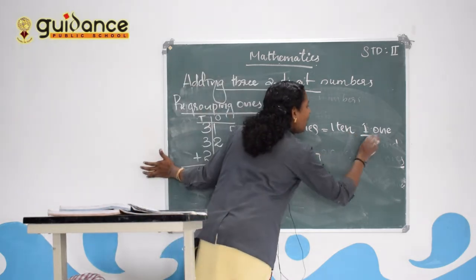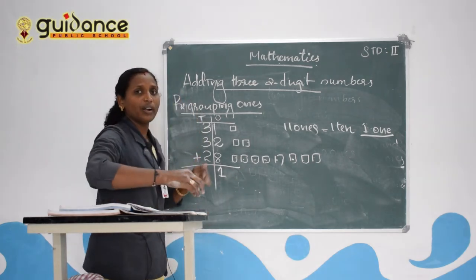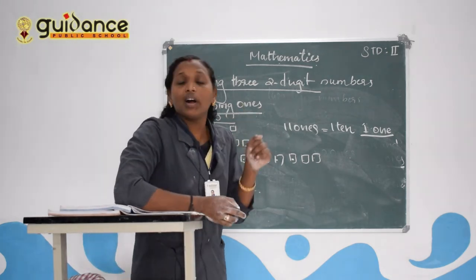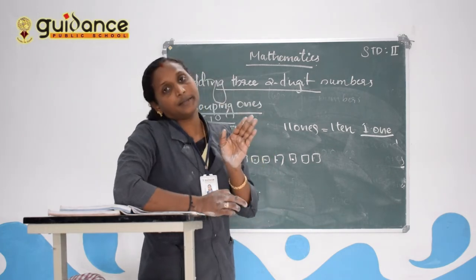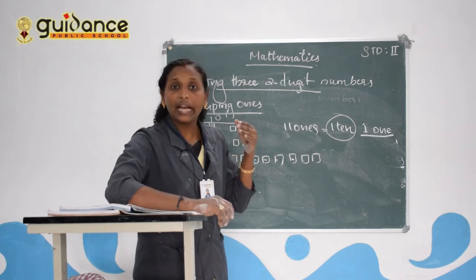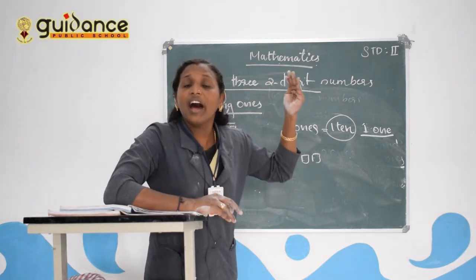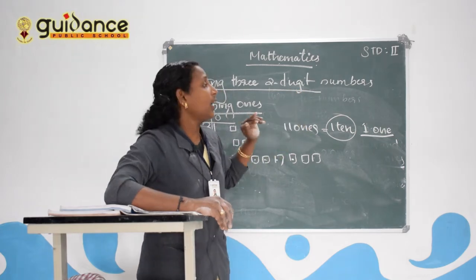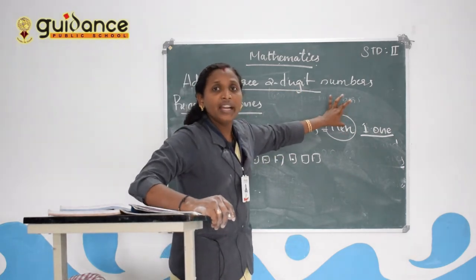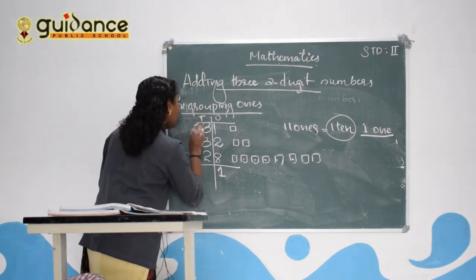So this 1 can be written at the bottom of the ones place. Then what about the 1 ten? Carry over 1 ten to the tens place. That means here write 1.